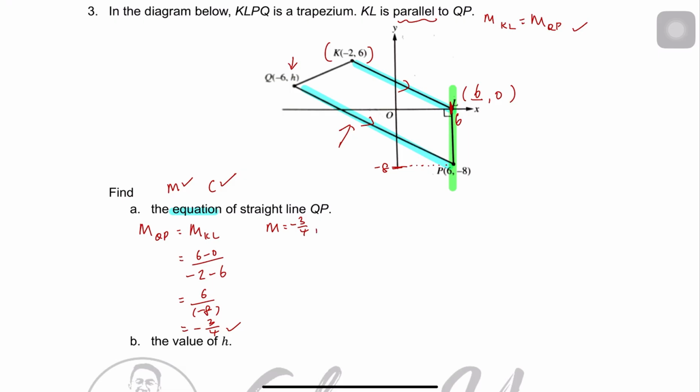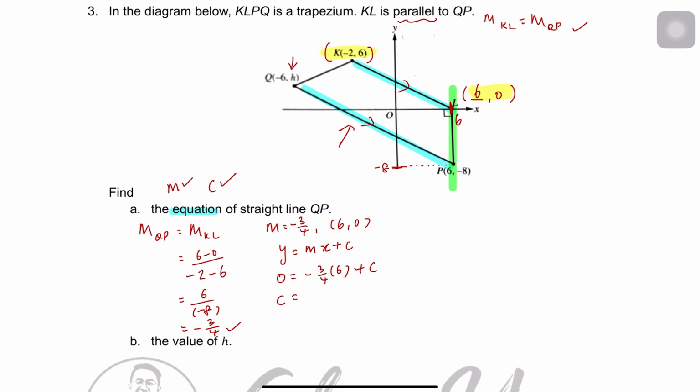And from here, you need to continue looking for your C by using your M equals to -3 over 4. And again, you can use any numbers, whether or not you're using K or L, you will get the same answer. Right? So if I'm looking for L, I should have 6, 0. And using the formula y equals to mx plus c, 0 equals to -3 over 4, substitute your 6 here, plus c.